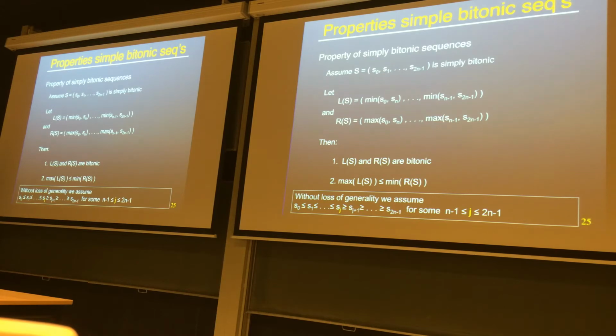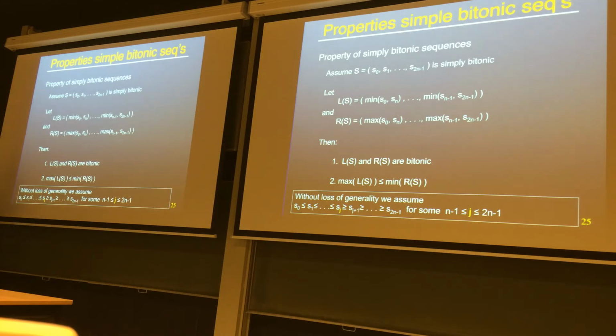So from bitonic sequences you can obtain simpler sequences that have the same property, but there is an important relationship between the two of them. You don't have to bother about the order in which sorted variants of Ls and Rs appear, because the maximum of Ls is less than or equal to the minimum of the Rs.